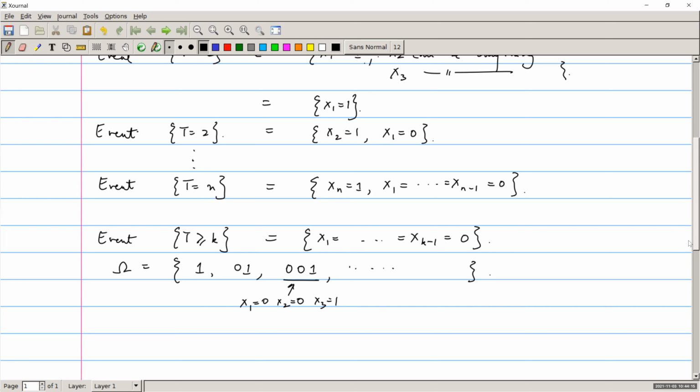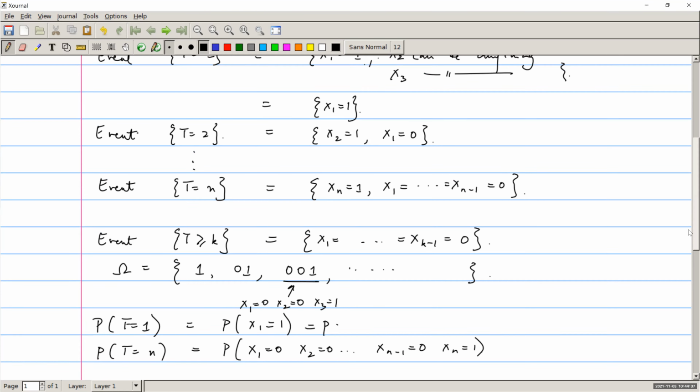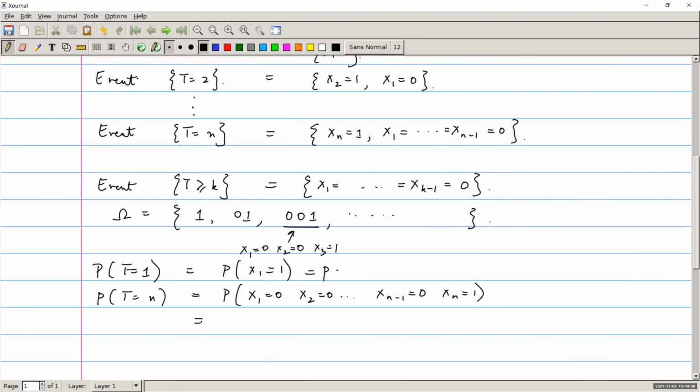But what is the probability t equals 1? This is the probability of the event x1 equals 1, which is p. The probability t equals n is the probability of the event x1 equals 0, x2 equals 0, and so on. And we know these are independent Bernoulli p random variables. So what's the joint probability?